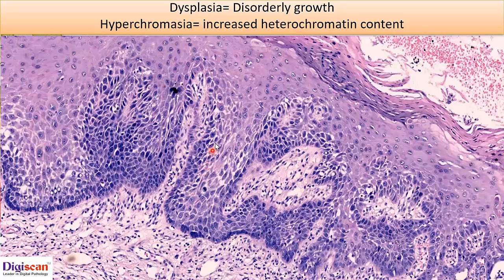Now here if we see this particular case, some people will call it mild dysplasia, while others may judge it as moderate dysplasia. Because of this confusion and inter-observer variation, now it is divided into low-grade dysplasia and high-grade dysplasia. The intermediate category of moderate has been deleted in the recent classification of dysplasias.